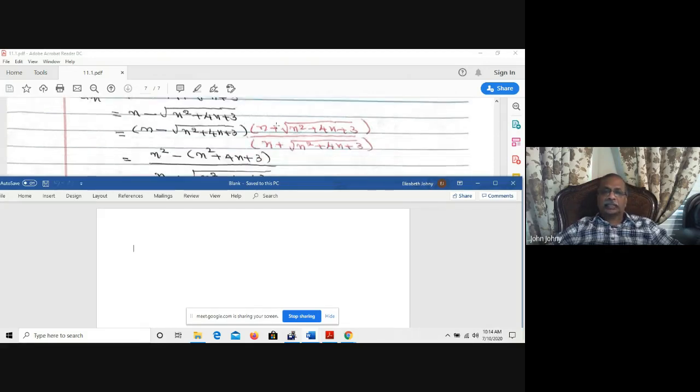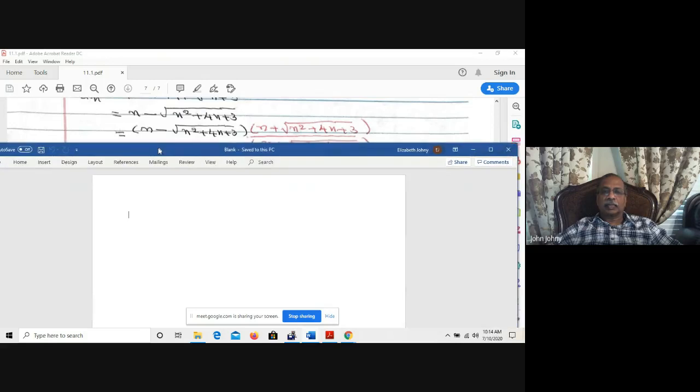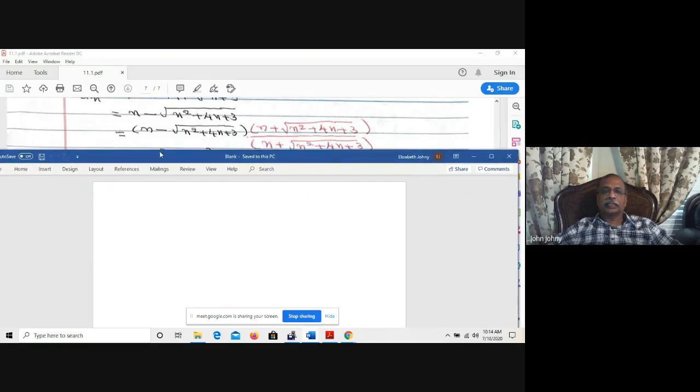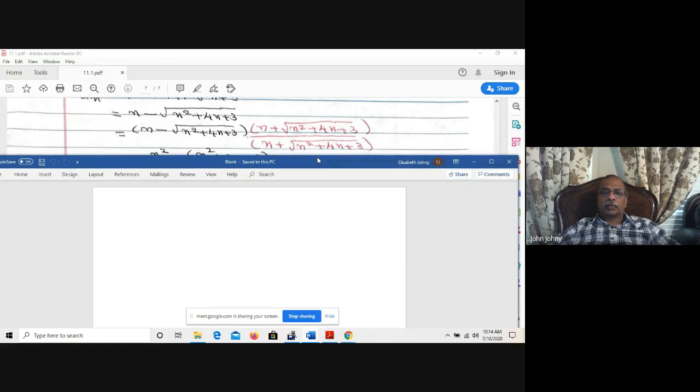And in this case, what I recommend is you multiply numerator and denominator by the conjugate. The conjugate is obtained by changing the middle sign. So multiply numerator and denominator by n plus the square root of n square plus 4n plus 3, divided by n plus the same thing, n plus the square root of n square plus 4n plus 3.